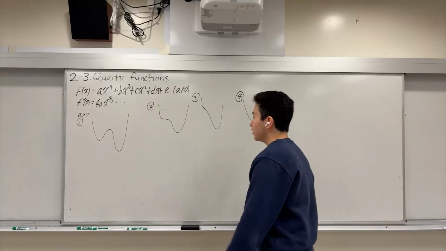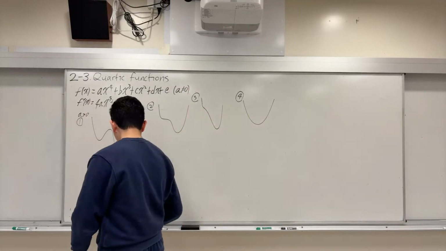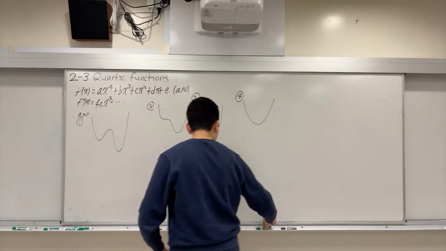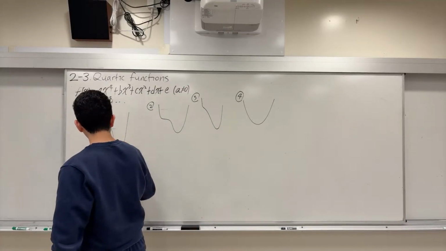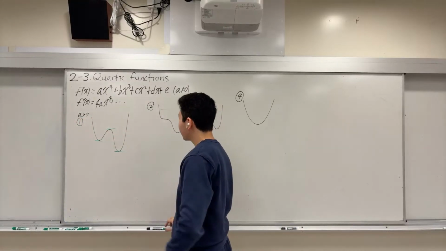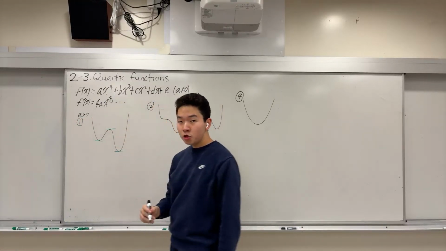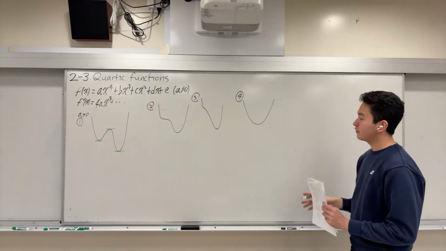Okay, so the first type of quartic function, as you can see, we have 3 points where the derivative equals 0. And if you look at the derivative, it is a cubic function. So a cubic function will have at most 3 different roots.